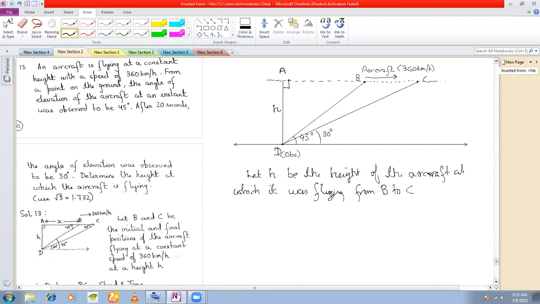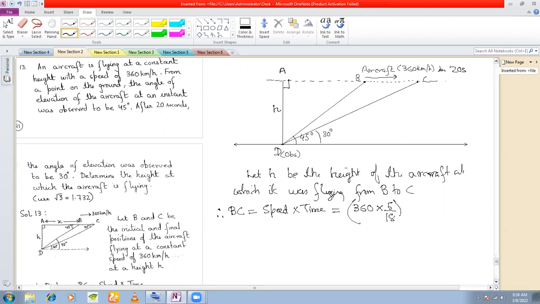Now what is the speed of the aircraft given? 360. And from B to C, what is the time taken to cover this distance? This distance is covered in 20 seconds, right? So BC, this distance, is equal to speed into time. The speed is 360 kilometers per hour. Let's convert everything to meters. If you remember from your class 7 knowledge, kilometer per hour converted to meter per second is multiplied by 5 by 18.